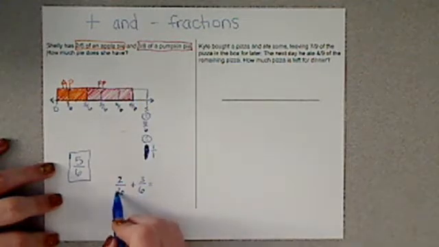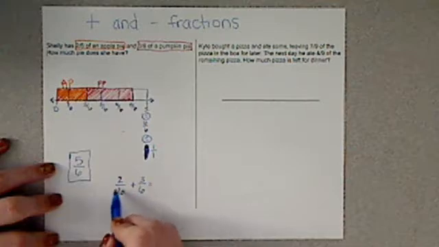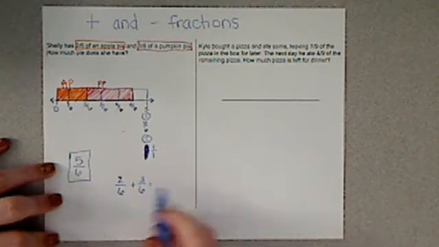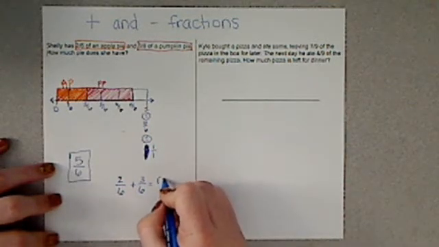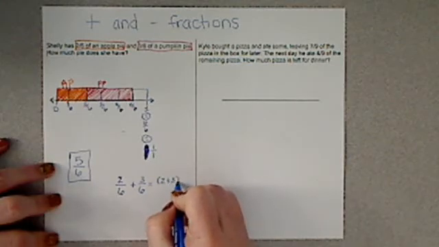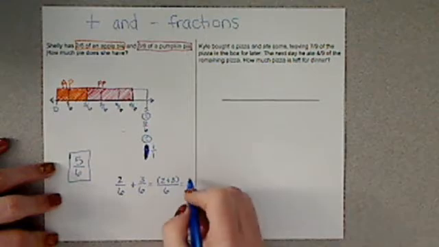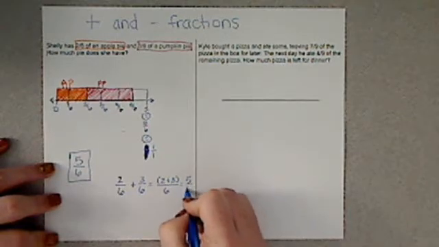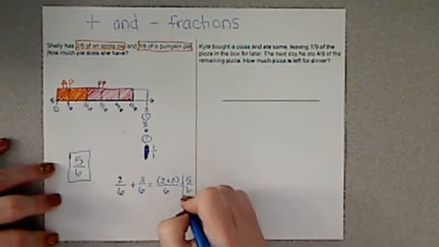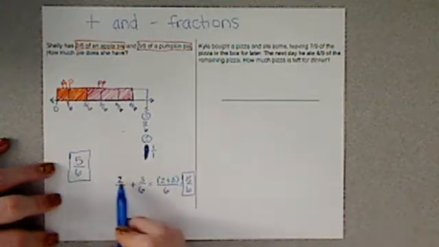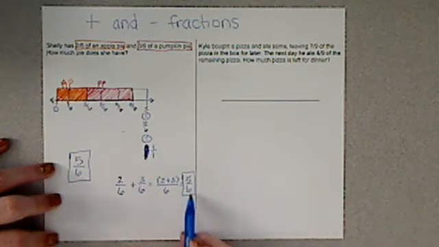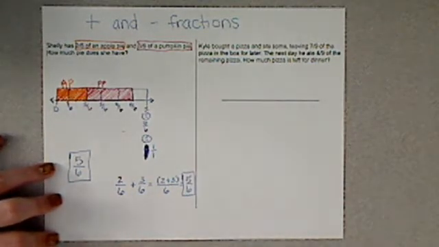So that means that if the denominators of our fractions are the same, then all we have to do is add the numbers on top. So this is going to become 2 plus 3 over 6, and 2 plus 3 is 5. And our denominator stays the same. So if the denominators are the same, you just have to add the numerators together and you have your answer.